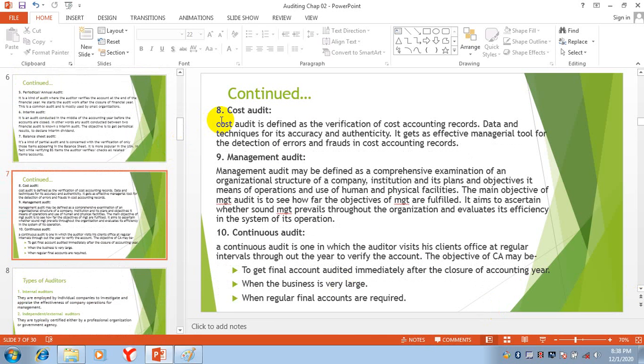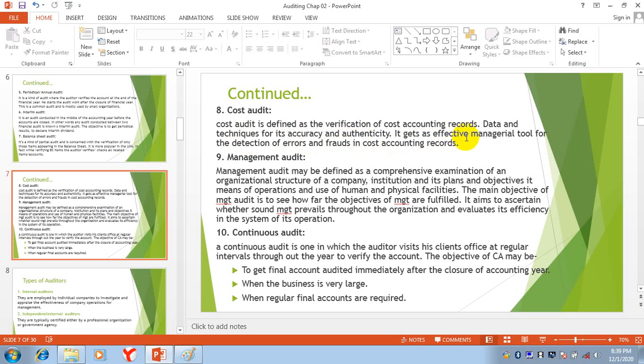Today we are going to discuss another type of audit that is called cost audit. Cost audit is defined as the verification of cost accounting records. You know what cost accounting record? Manufacturing data and techniques for its accuracy and authenticity.